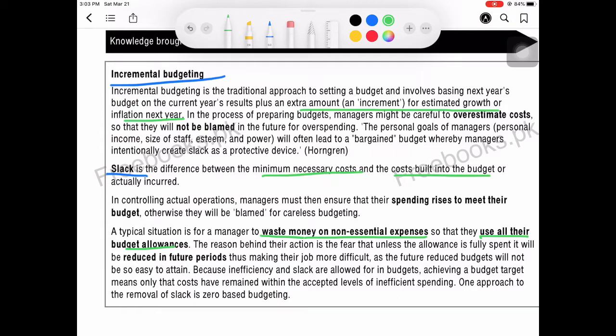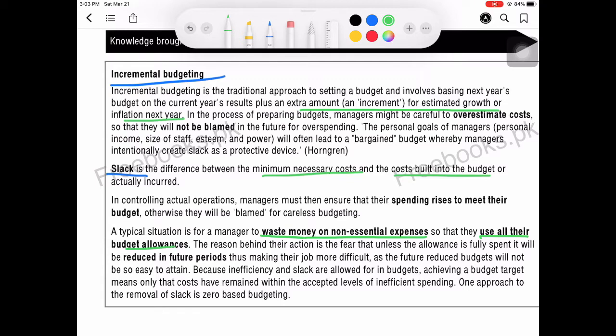So here there is a slack, a difference between the actual expenses, that is 500,000, or the minimum necessary cost, that is also 500,000. It's just different terms. And the second one is the actual amount allocated in the budget, which is 600,000. So the difference comes out to be 100,000, and this is the budgetary slack.